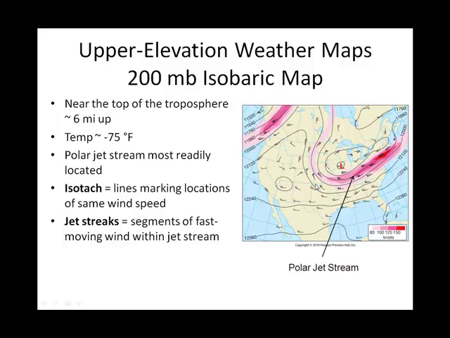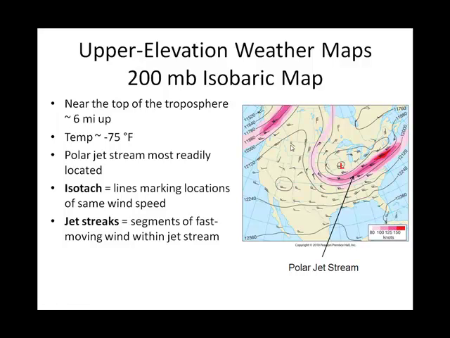This is the highest of the three isobaric maps I'm going to show you. And notice here we can still see our ISO heights showing us that low at the Earth's surface. Now the pink here, at upper elevations in this isobaric map, is showing us the jet stream.